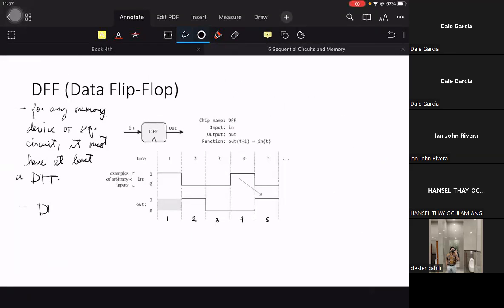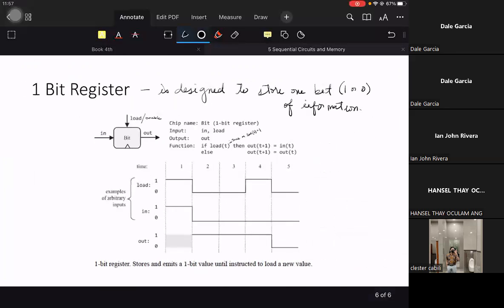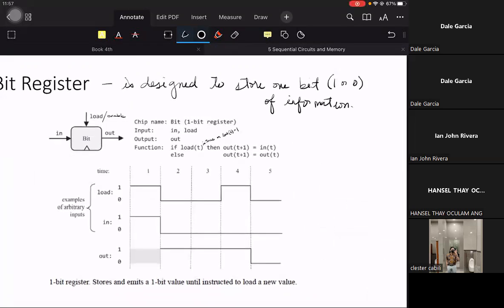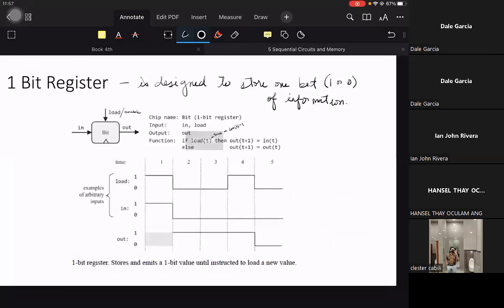So the DFF here introduces the delay, and the 1-bit register stores the information then.